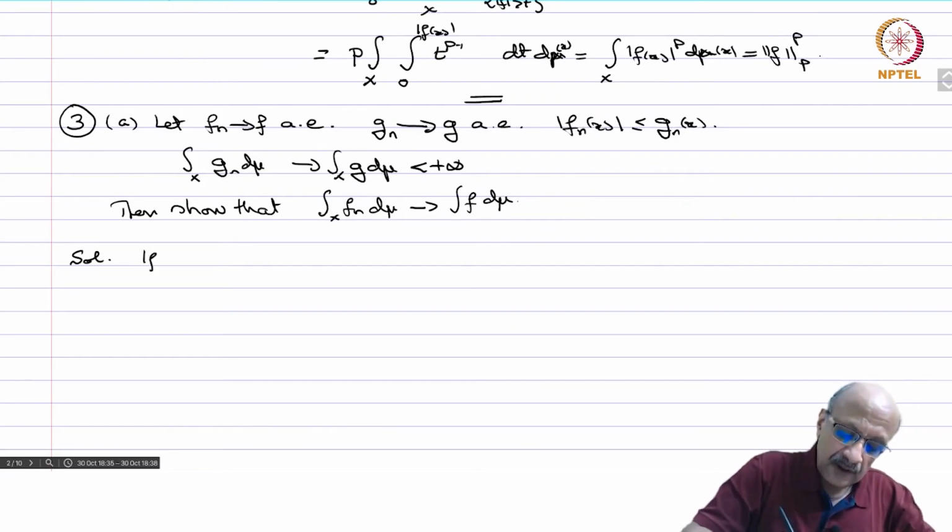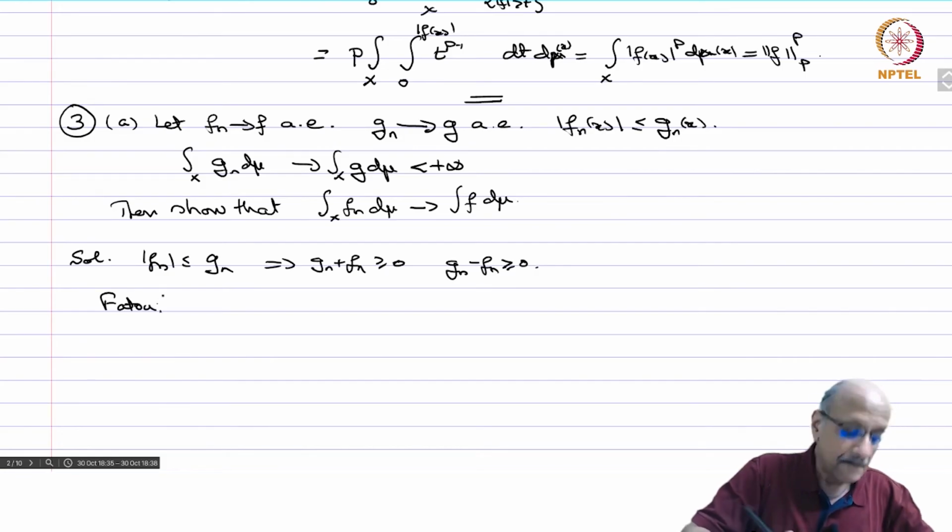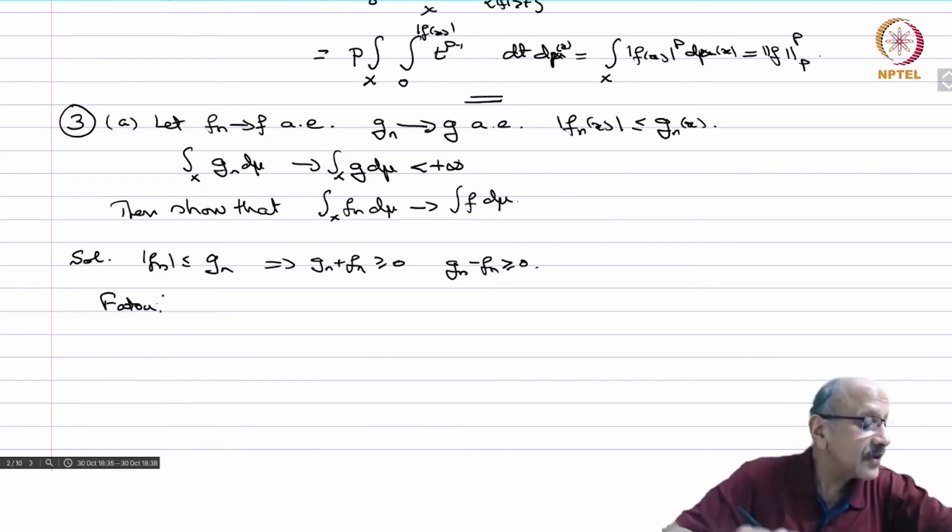So mod fn is less than or equal to gn. So this implies gn plus fn is greater than or equal to 0 and gn minus fn is also greater than or equal to 0. So we can apply Fatou's lemma. So what does Fatou's lemma say? So gn plus fn goes to g plus f.